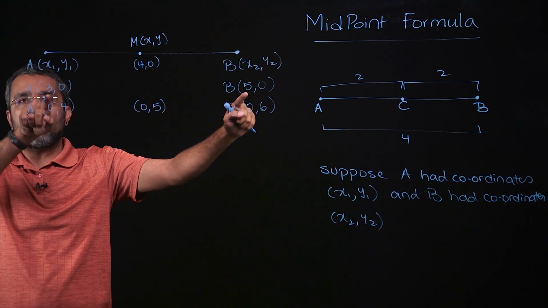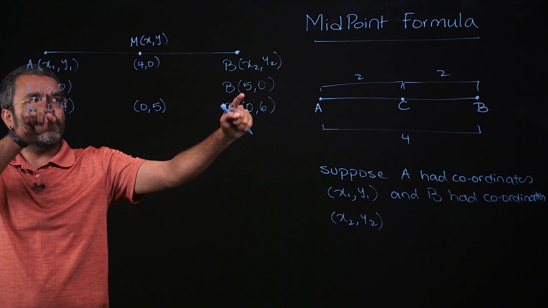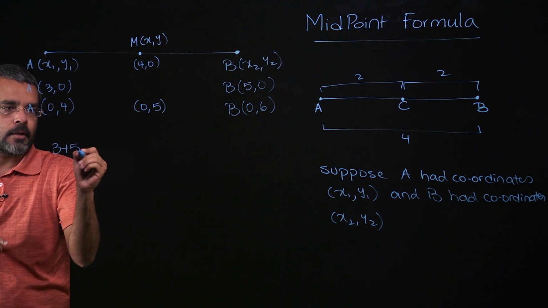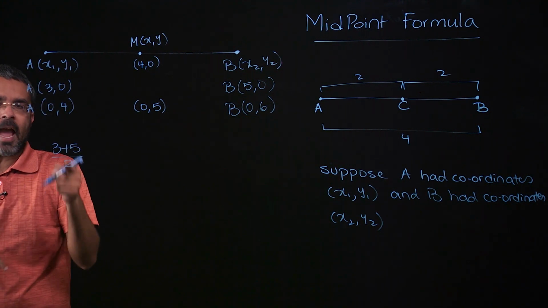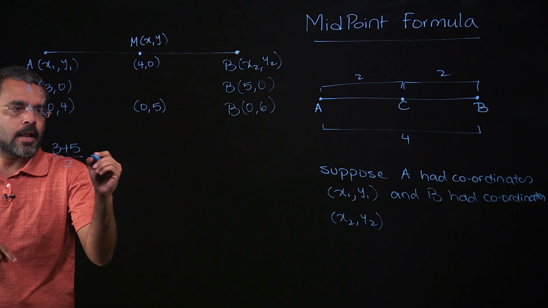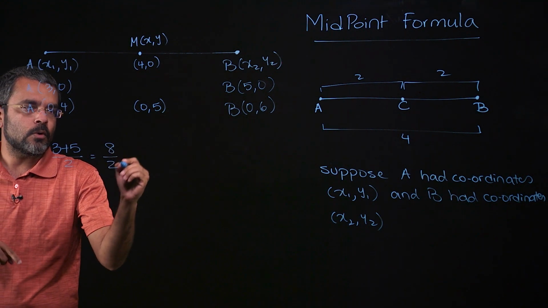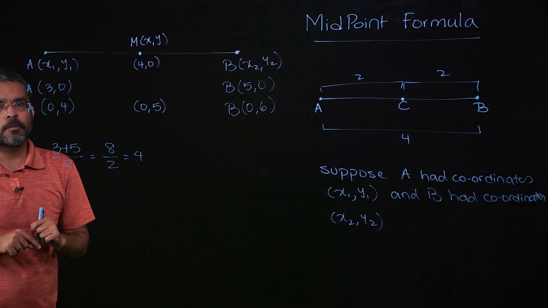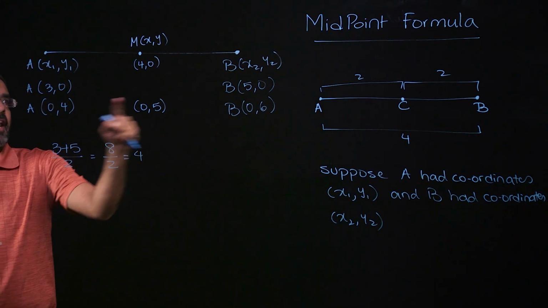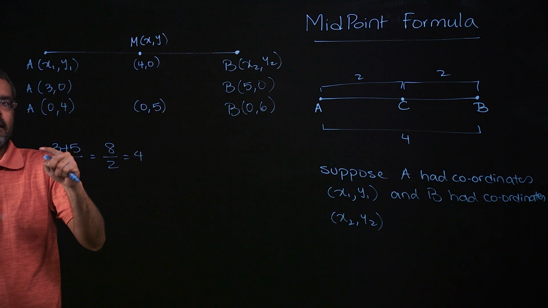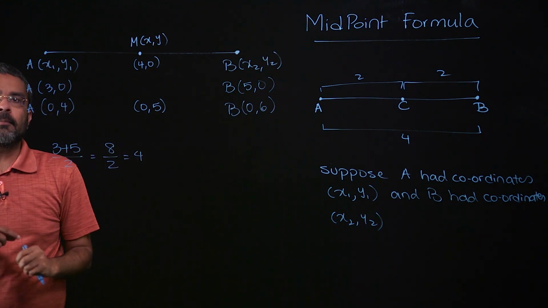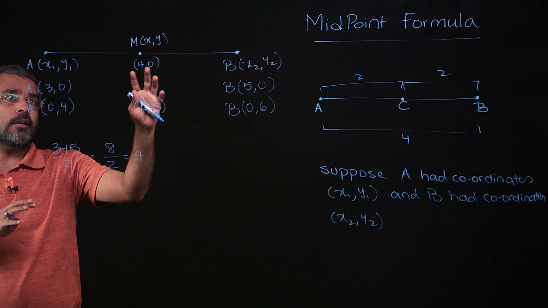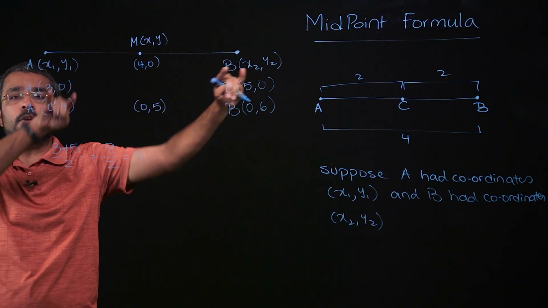If I add 3 and 5 and divide by 2, I get 8 over 2, which is 4. Same here, 4 plus 6 gives 10, divided by 2 gives 5. So finding a midpoint really is taking the average of the two coordinates.